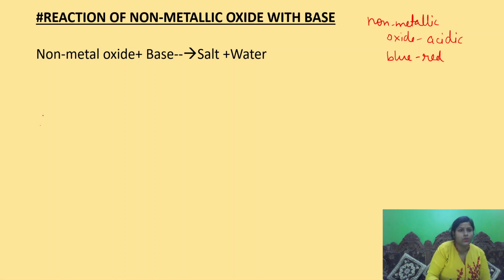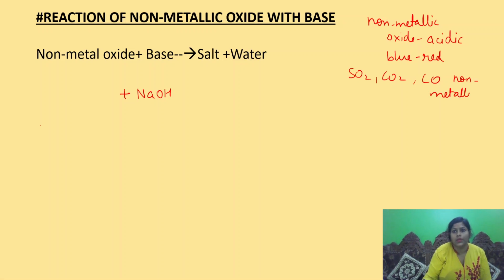We already know some bases like sodium hydroxide. This is a base. Now non-metal oxide. We can take some examples: SO2, CO2, CO. These are all non-metallic oxides.